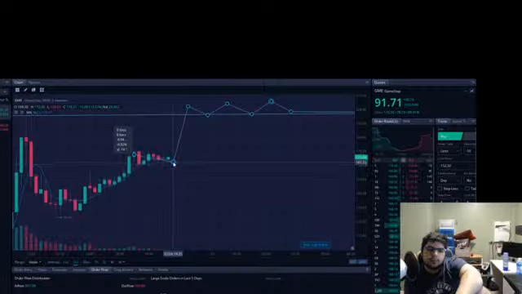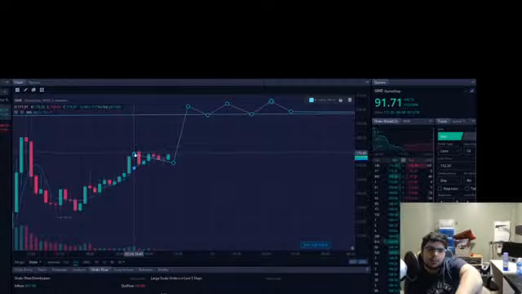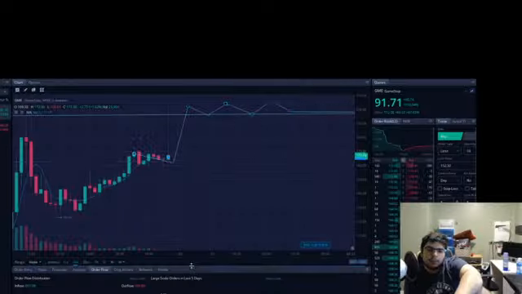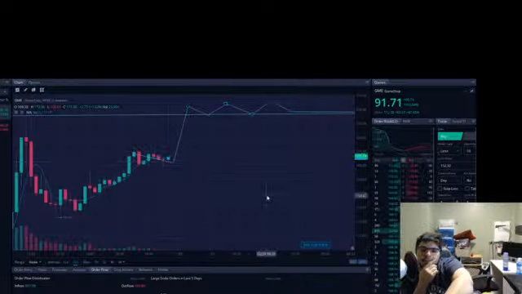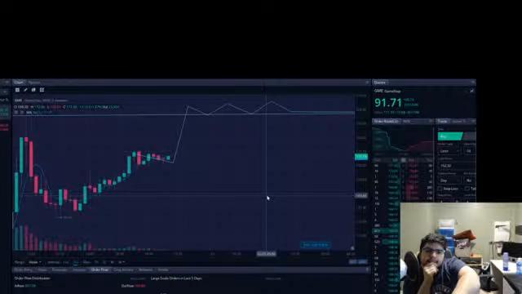I think this is more likely, that it has to complete this descending triangle. But it could just go up right here. I don't know. Let's see.